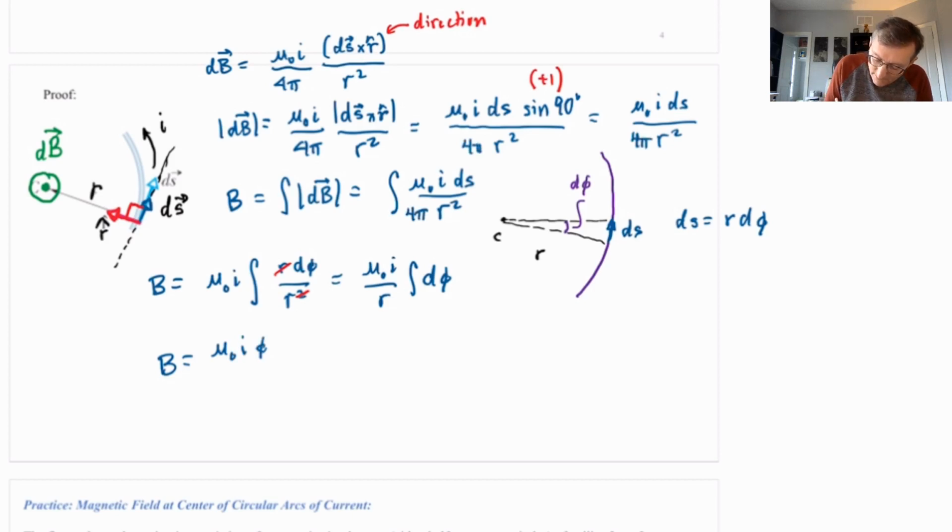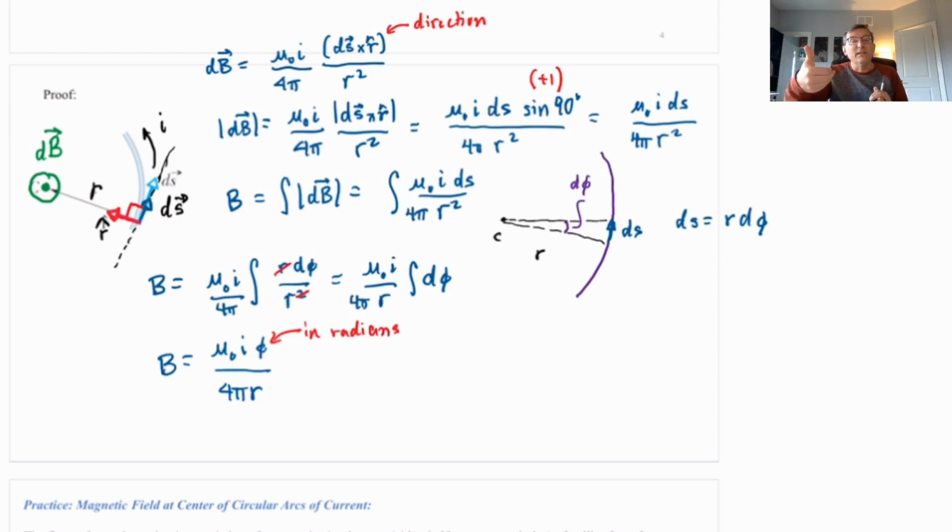Certainly can't do that. And I have the formula that was provided. Mu 0 I phi over 4 pi r, where the phi has to be in radians. And if the current's going upward and along the arc, then the B is out of the screen.